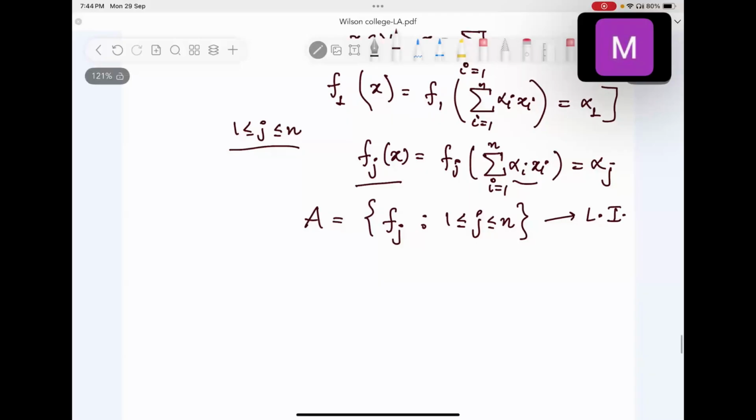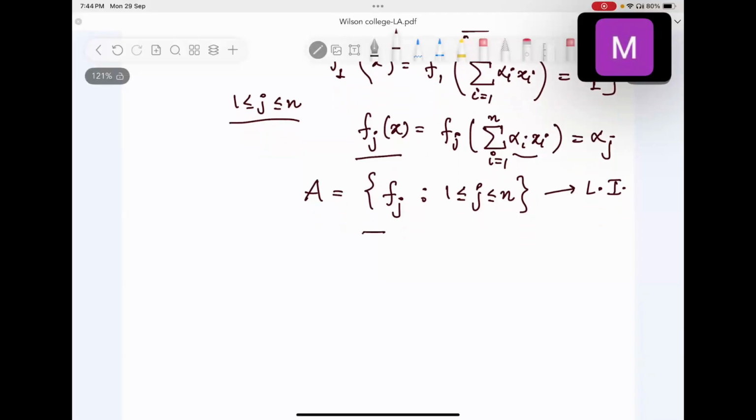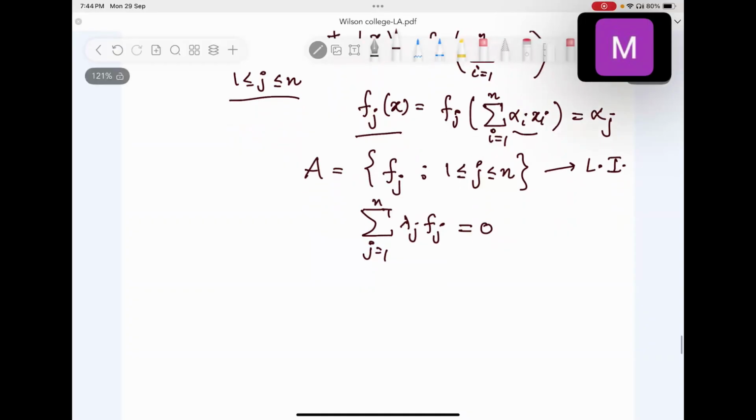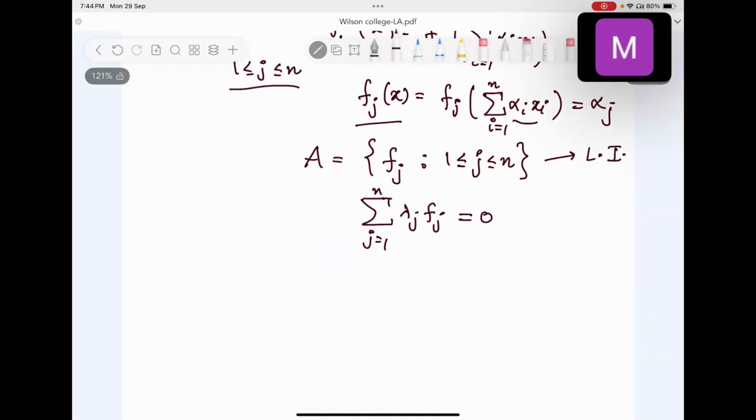This is the question. Now, suppose you take any linear combination of these functions, j equals 1 to n, and suppose this linear combination equals 0. Okay, what is the meaning of this?